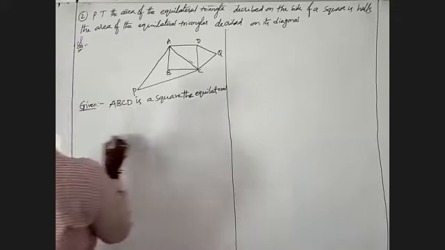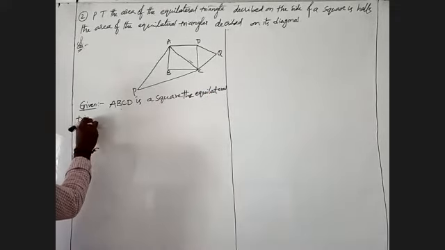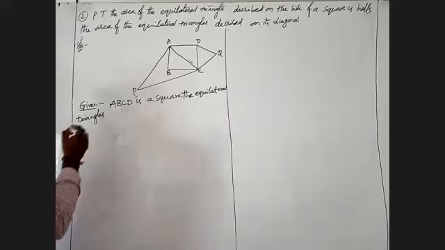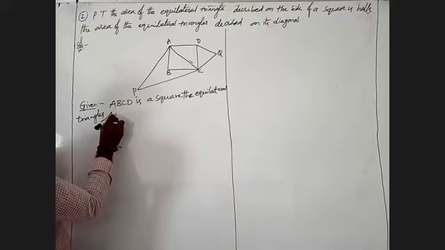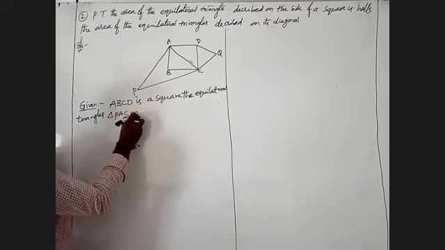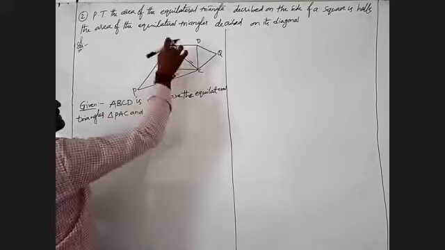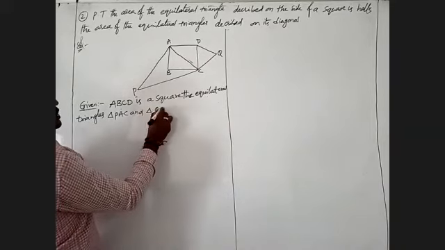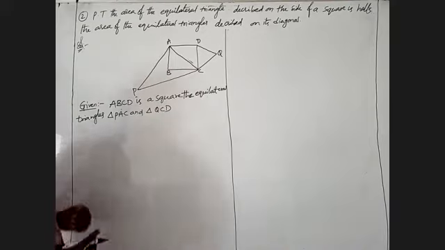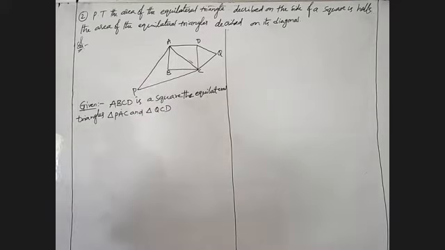Triangle PAC is one equilateral triangle. After that, triangle QCD is another equilateral triangle.